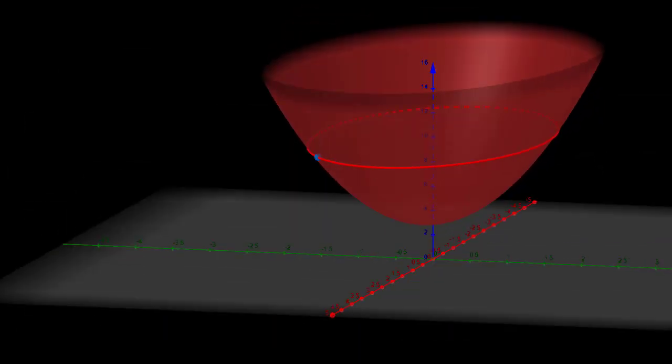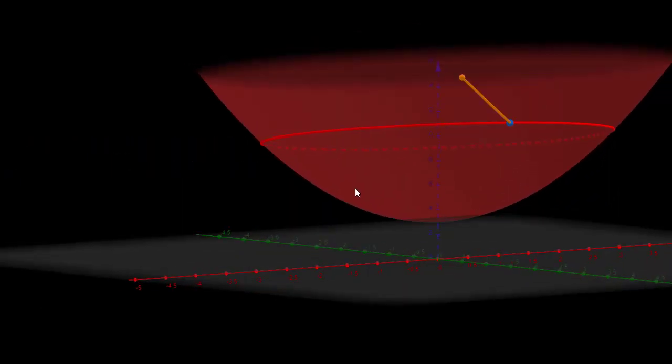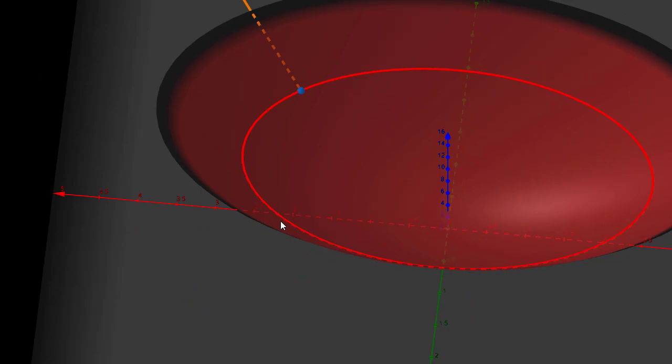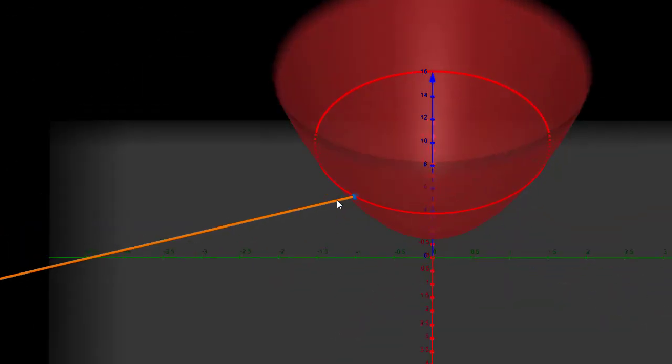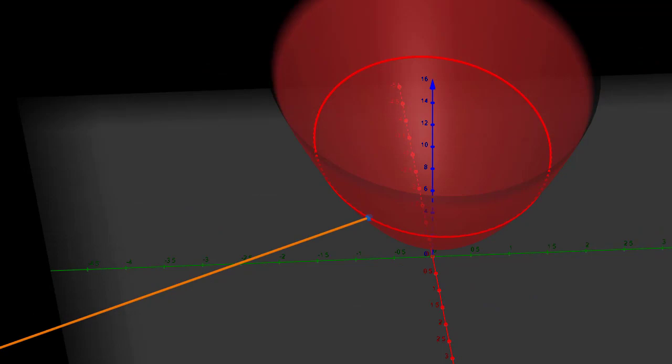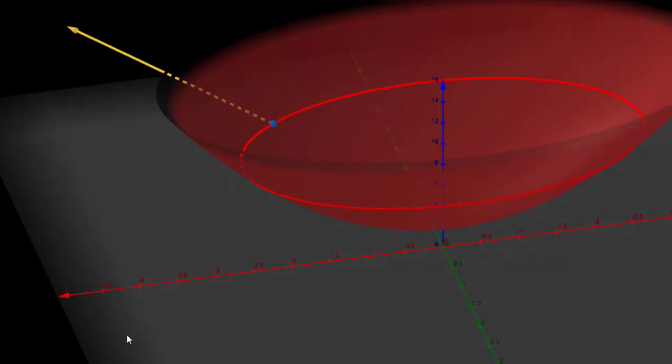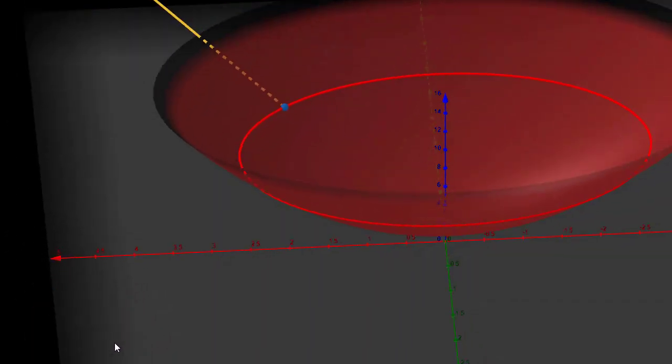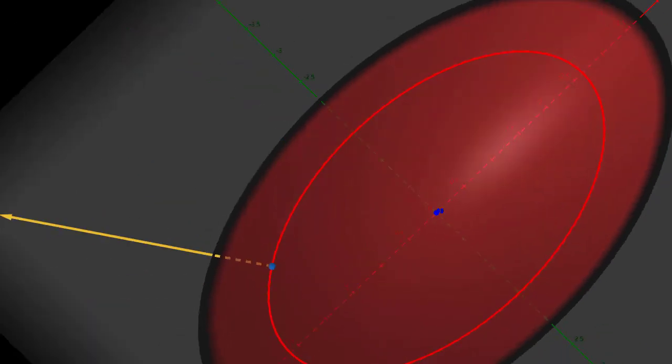Now, if I plot the gradient, you can see that it is a very large vector. So let me instead look at this one. This is the same direction, I've just shortened it a little bit so it's easier to manage.